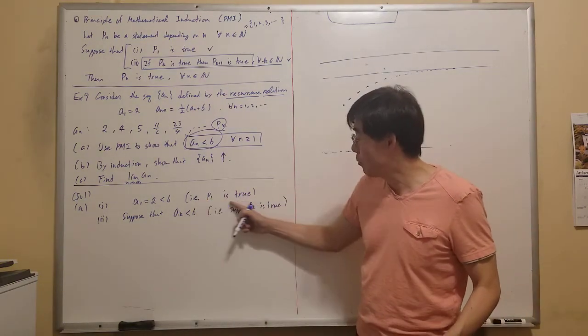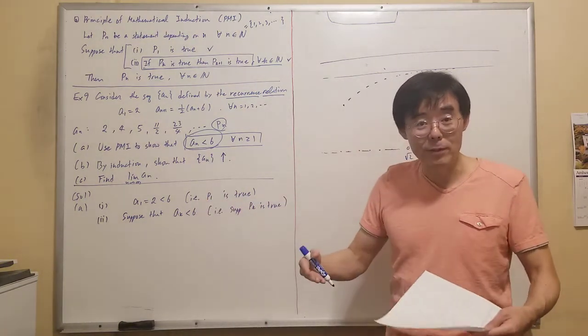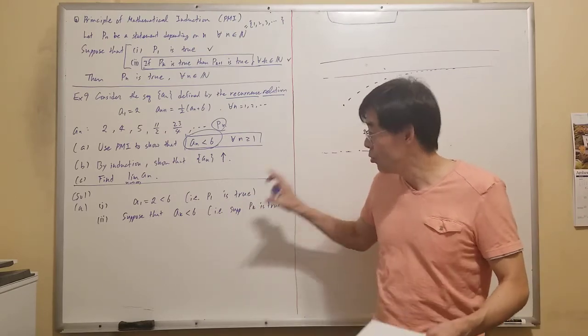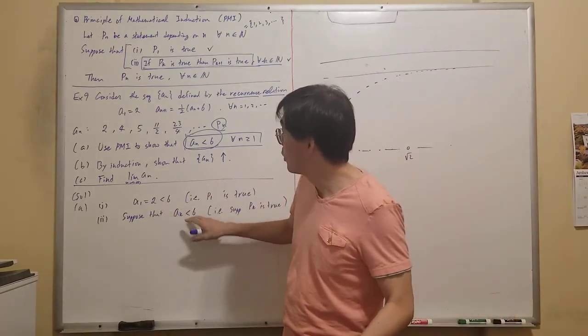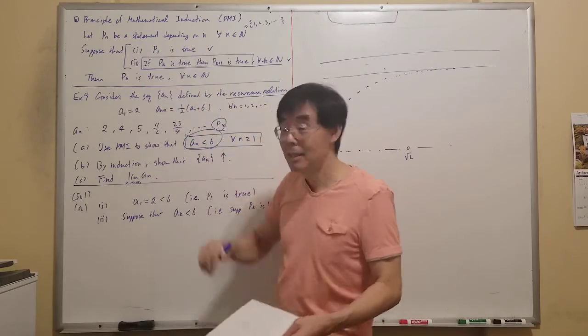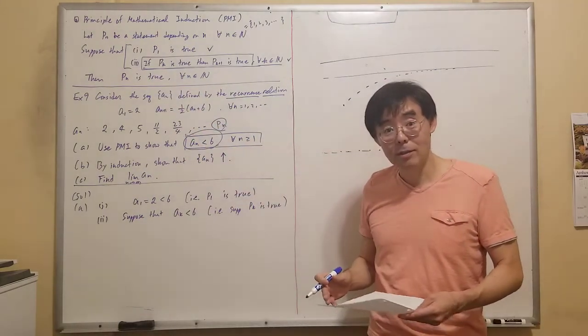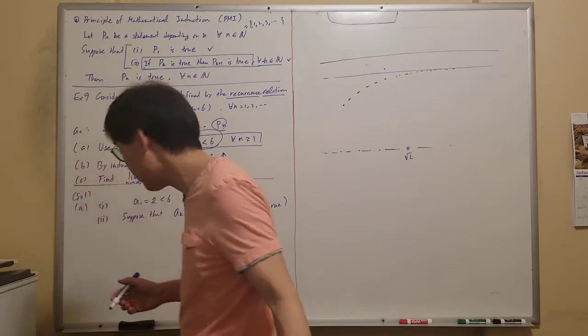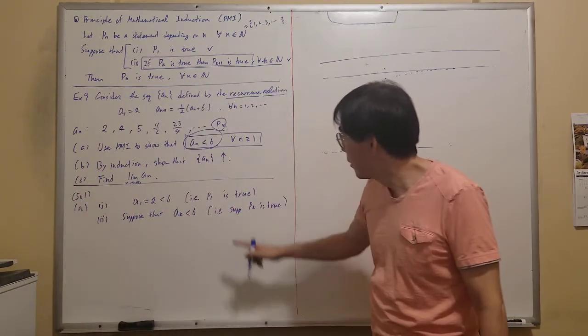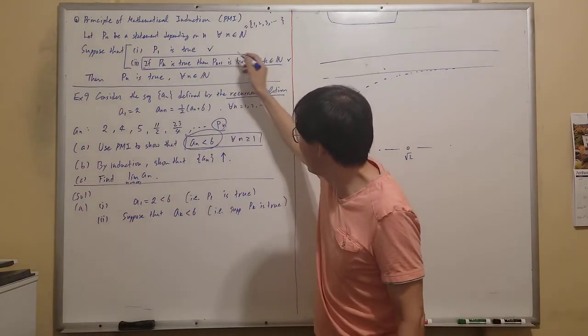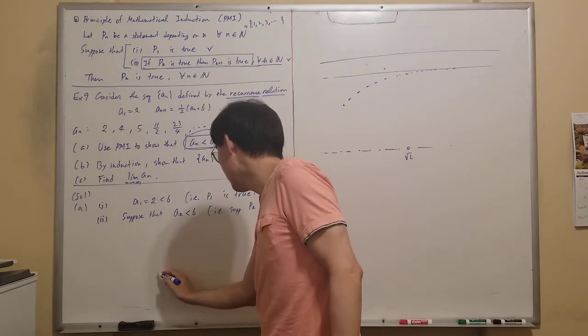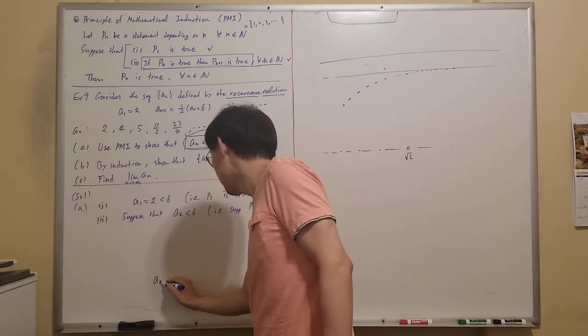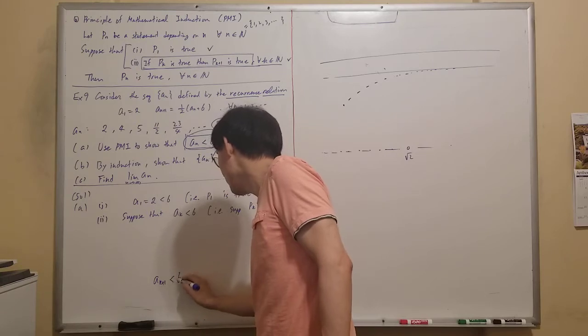Now, this inside parenthesis is just for your reference in the beginning, to match what you're doing with this PMI structure. Then we need to say that from there, ak plus 1 is also less than 6.